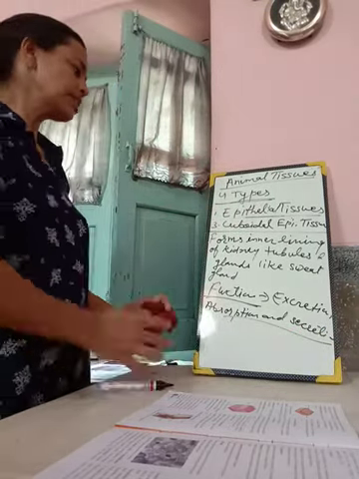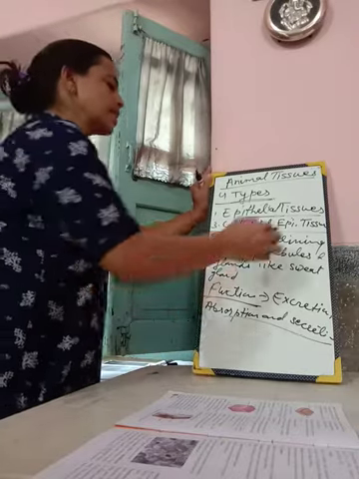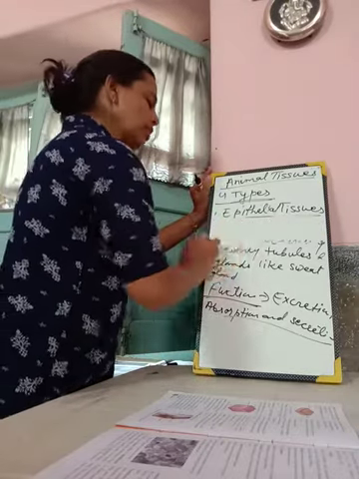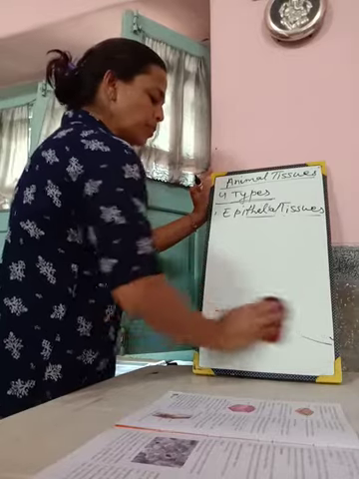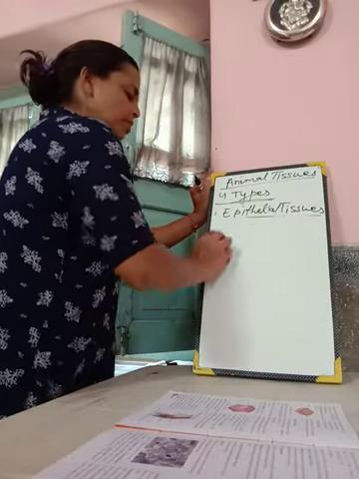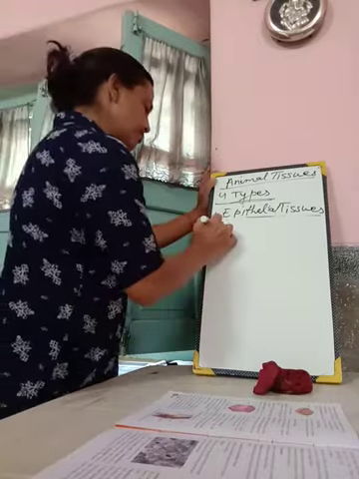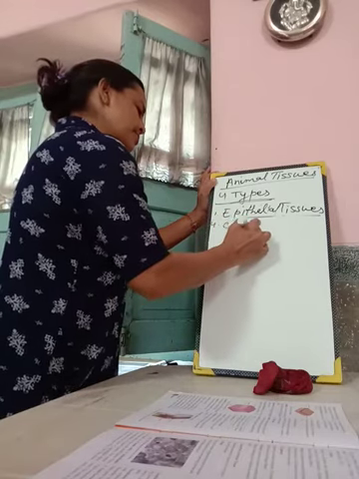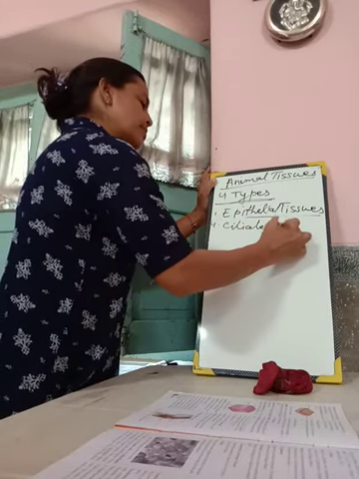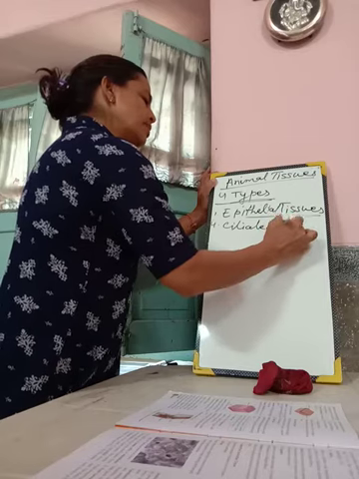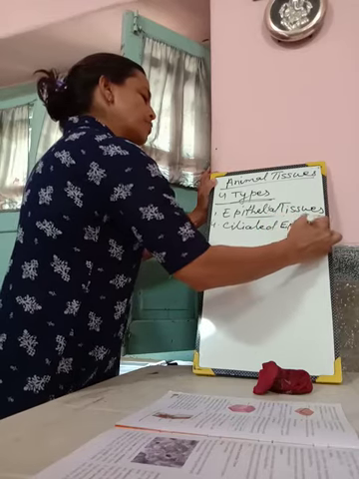The next and last one is ciliated epithelium. The fourth type of epithelium tissue is ciliated epithelium tissue.